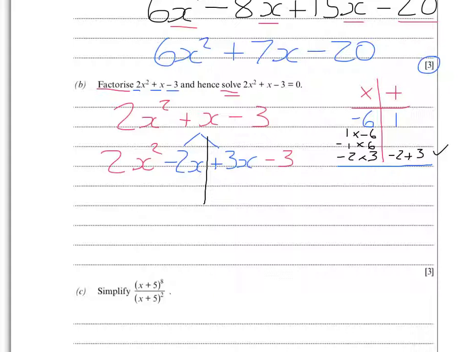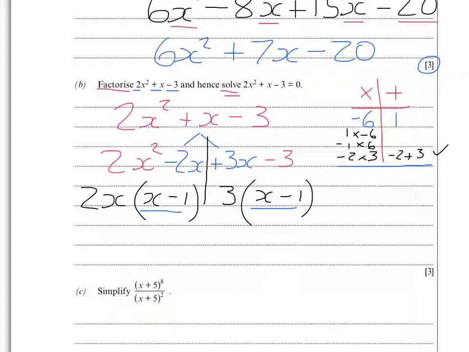From the left-hand side, I know there's a 2 common and an x common, which leaves me with x and a minus 1 inside my bracket. On the right-hand side, there's a 3 common to both, and that's again going to be x and minus 1. Because those two brackets are the same, I know that I've done it correctly.